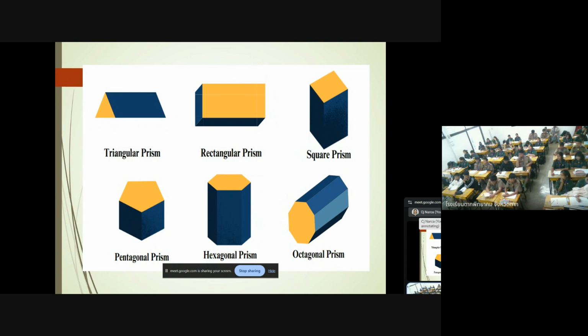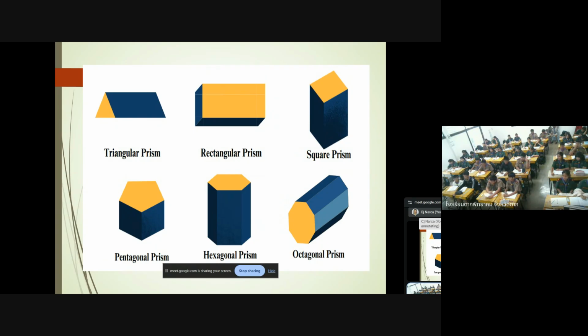Another term for rectangular prism is cuboid. Repeat after me. Cuboid. So rectangular prism can also be called cuboid, and square prism can also be called cube.